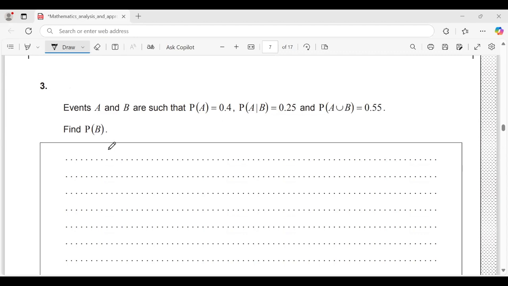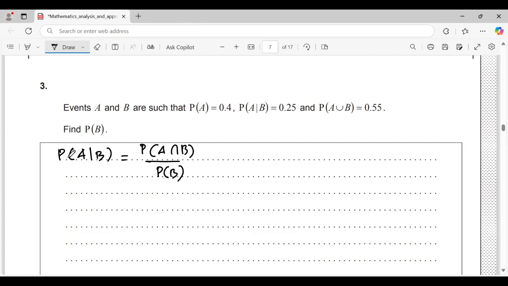Find the probability of B. So the formula for the conditional probability of A given B is the probability of A intersection B over the probability of B.